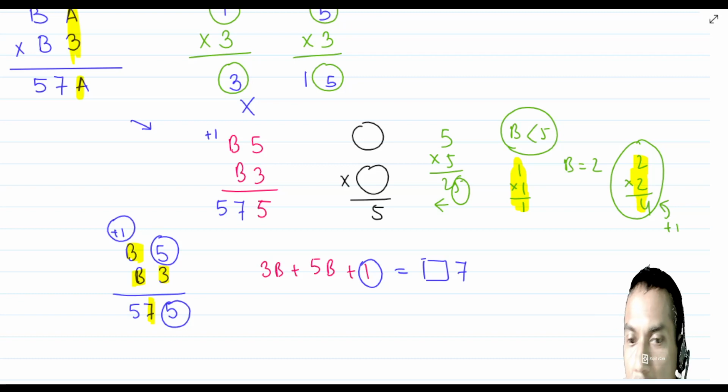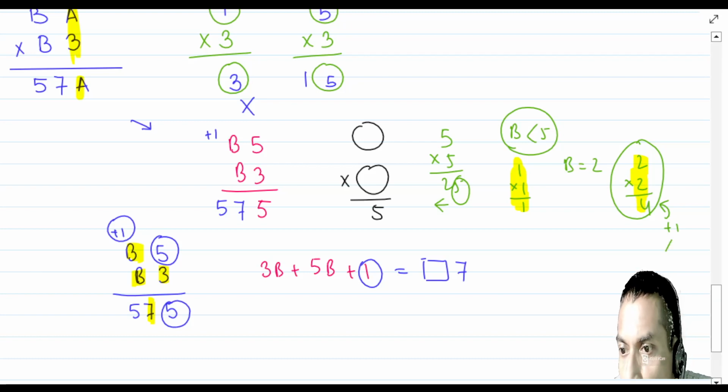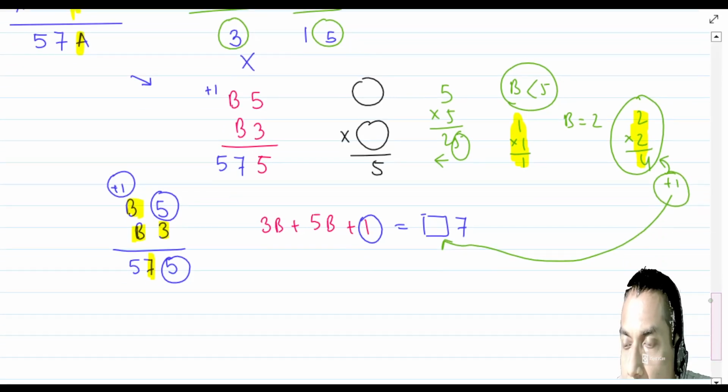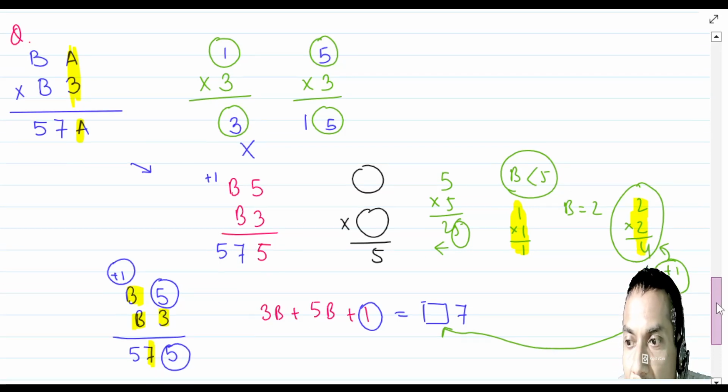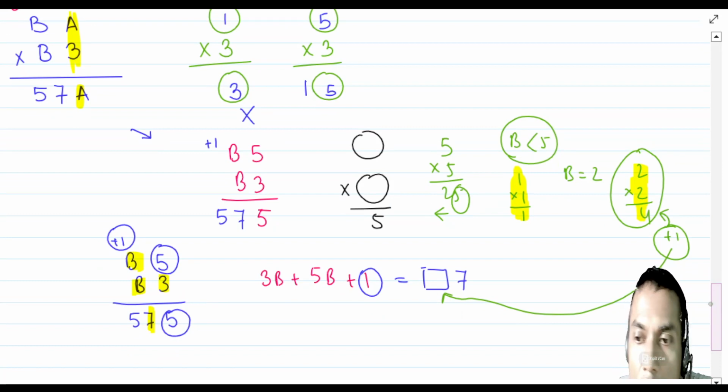Already we know that if we consider B as 2, then 2 into 2 is 4, and if we add 1, then we get the 5, which comes from the carry forward of the previous cross multiplication.